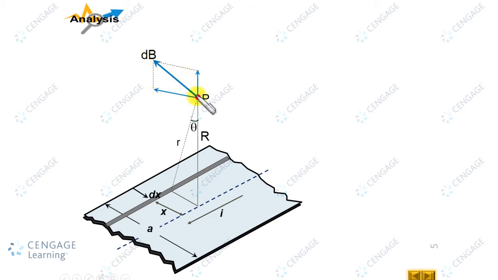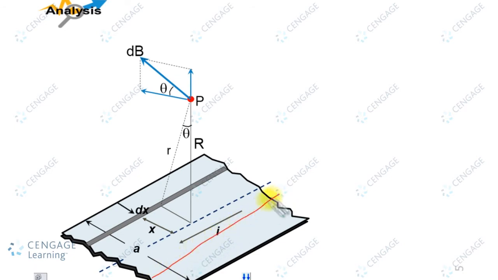dB. This is the component parallel to the surface of the sheet, and this is perpendicular to the surface of the sheet. And if we take one more strip at an equal distance, and join this strip from this point, the magnetic field dB will be in this direction, right?